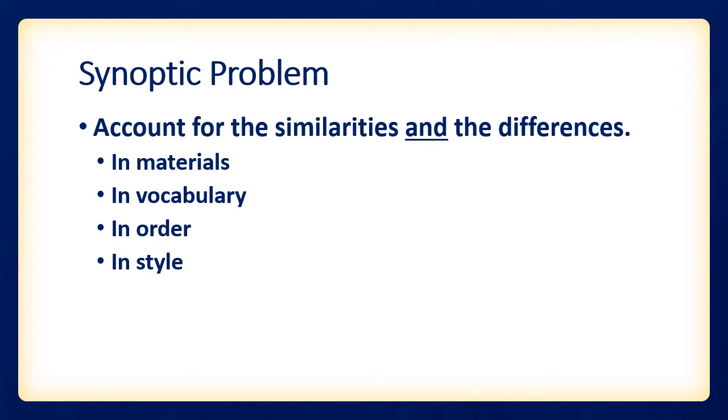Why do they sometimes use different words? In order, meaning why do certain ones of the synoptics have one story earlier in a book and another one might have the same story but place it in a different place in the book? And in style, just in general style of the way that they present the material. What can we come up with as a solution for this?